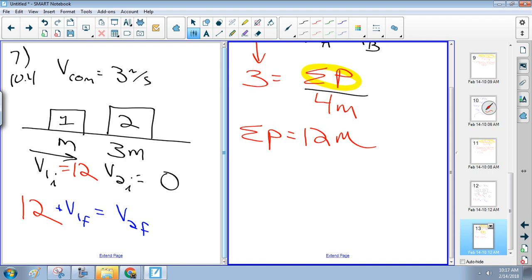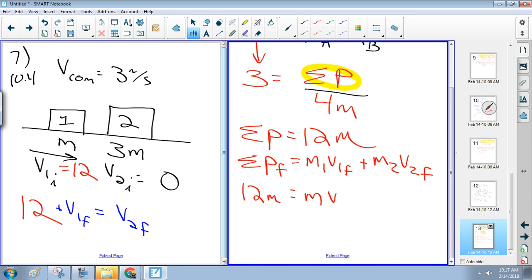Let's see. The total momentum after the collision should be the mass of 1 times the velocity of 1 final plus the mass of 2 times the velocity of 2 final, right? So let's see, we know our total momentum should be 12m. Mass 1 is m.